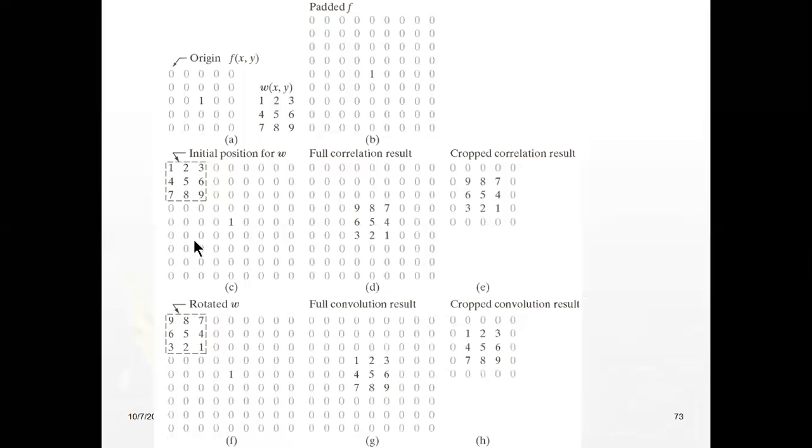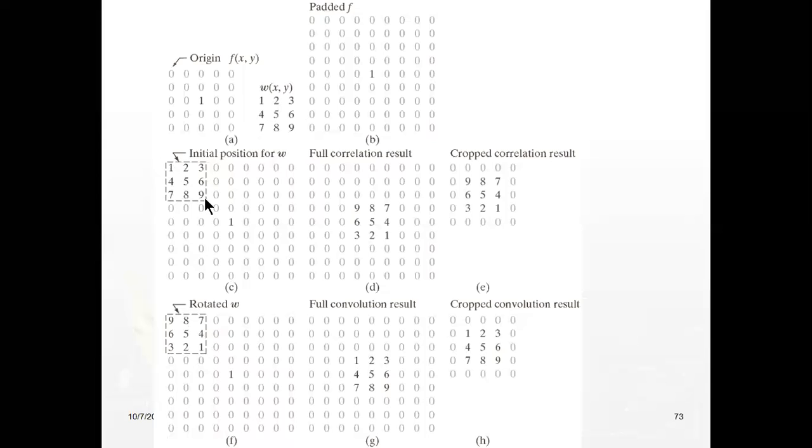And then if you take the convolution of that with the value of f, we are going to get the full convolution result like this, and the cropped convolution result like this. Okay. So if you see these two over here, you can see that in place of 1 being here, 1 is coming here.